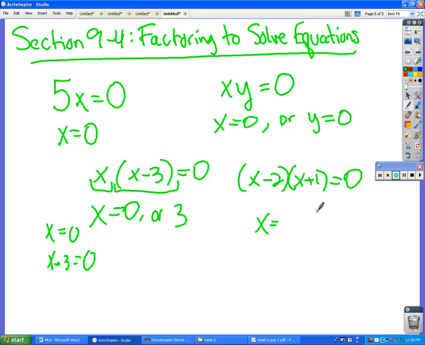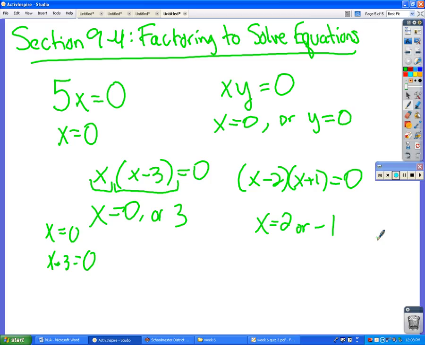No. So the only reason why this worked as 0 before is because I wasn't adding or subtracting anything from it. Okay? What do I have to plug in for x to get x minus 2 to equal 0? 2. What do I have to plug in for x right here to get x plus 1 equal to 0? Negative 1, because negative 1 plus 1 equals 0.